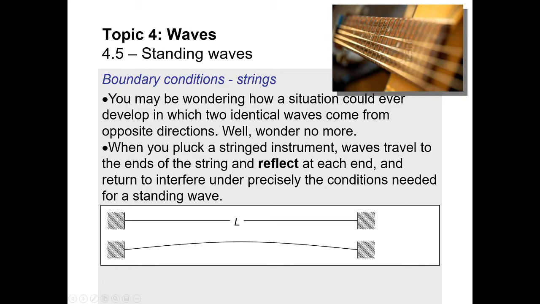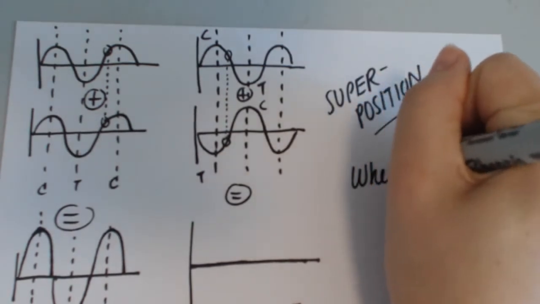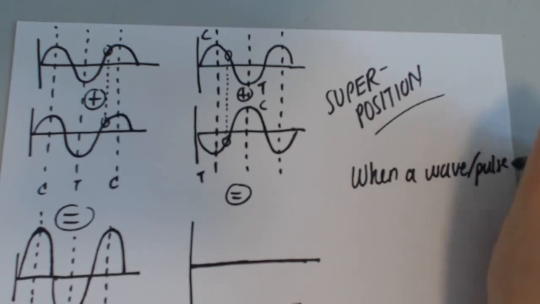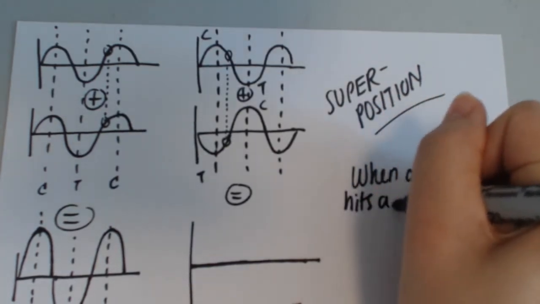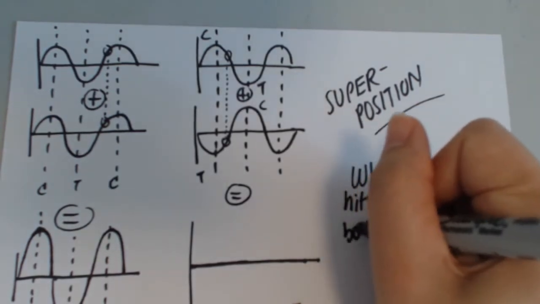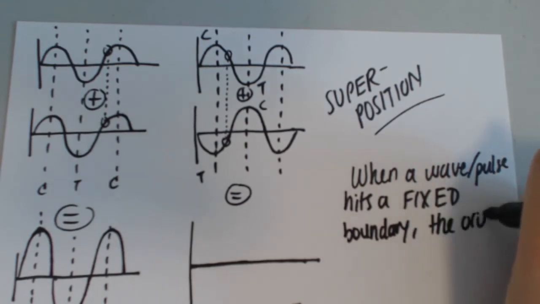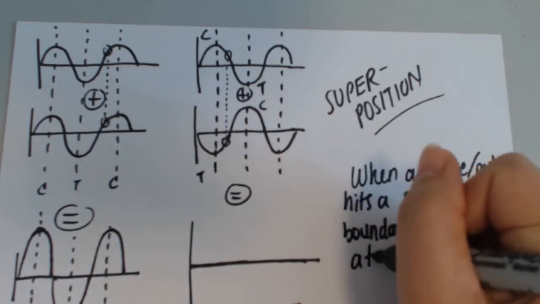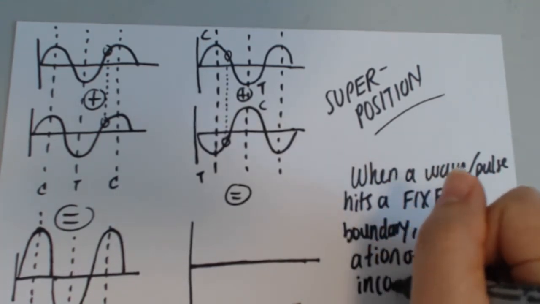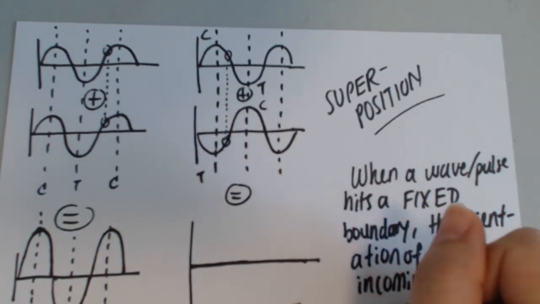So let me just make a note of that on the sheet so you have it as well. When a wave, or even just a single pulse, hits a fixed boundary, in other words, it can't move, the orientation of the incoming wave inverts.